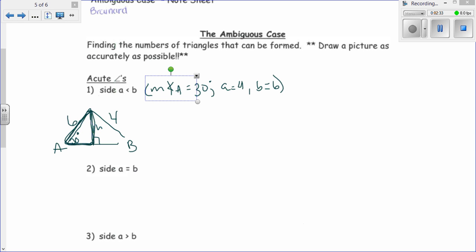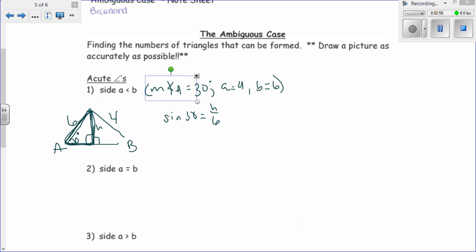I have an angle, the side opposite, and the hypotenuse, because that would also be a right angle. So I'm going to use the sine to find the height of the triangle. This is my right triangle trig coming back into play. So the sine of 30 is equal to the height over the hypotenuse, which is 6.